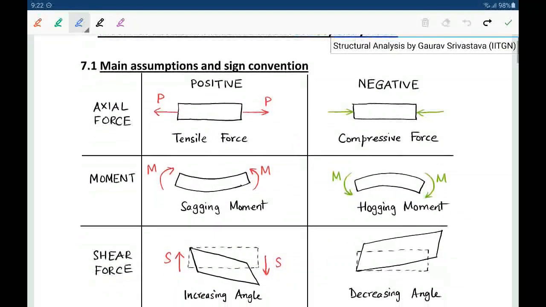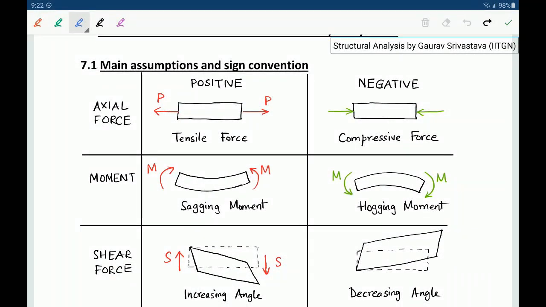Before we start discussion on how to calculate those, first thing is to lay down a certain sign convention, based on which we will define whether we call a particular type of force positive or negative. For the axial forces, if they are tensile in nature, we call them positive.